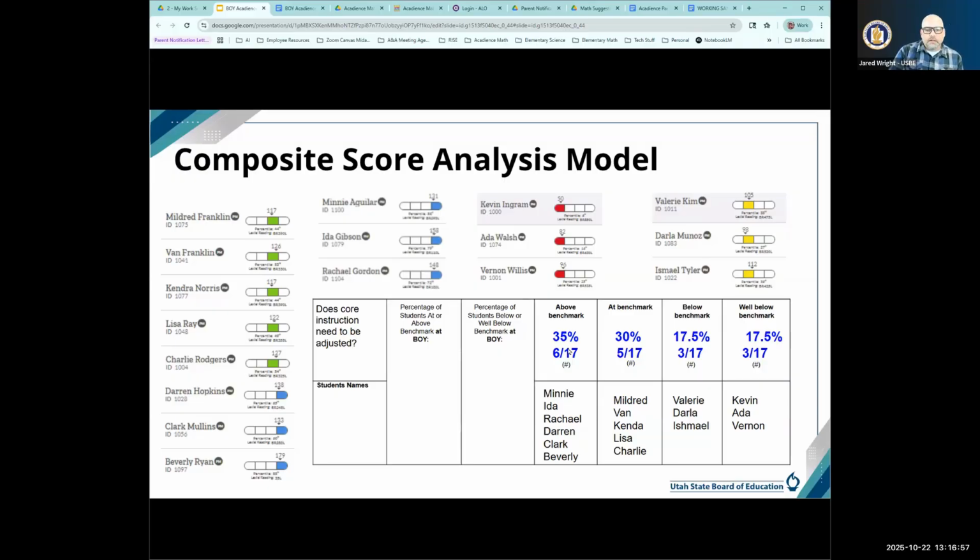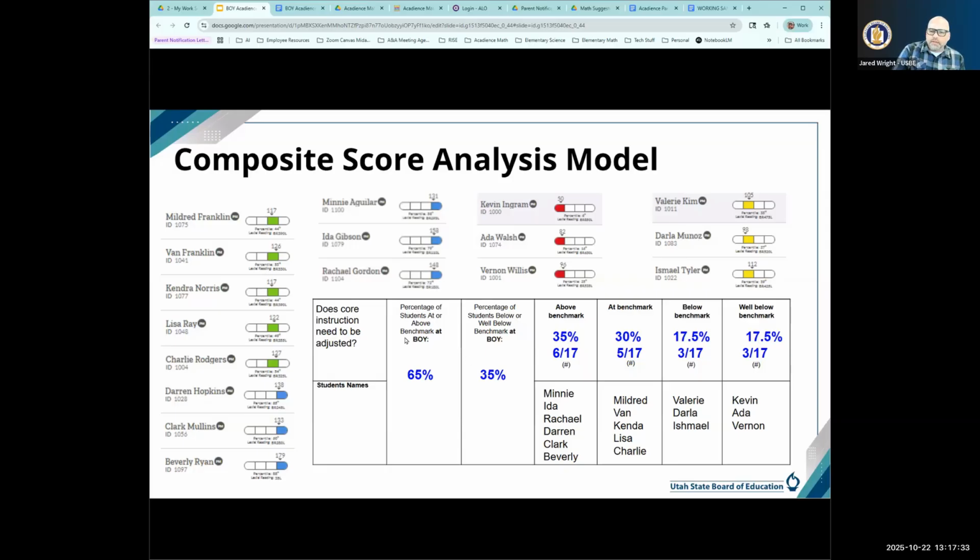And then as we talked about, we're going to dig a little bit deeper. We'd like you to not just stop at there's 3 out of 17 or something like that, but ask who are those students that are scoring well below or below, and so on. And then if I were to add those up, I have 65% of these 17 students who are at or above benchmark, and then 35% who are below or well below.